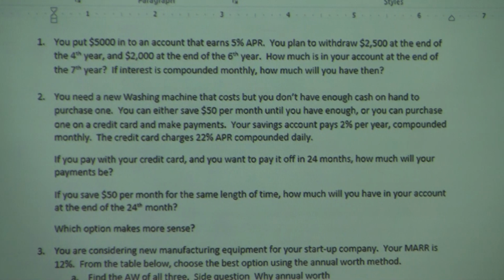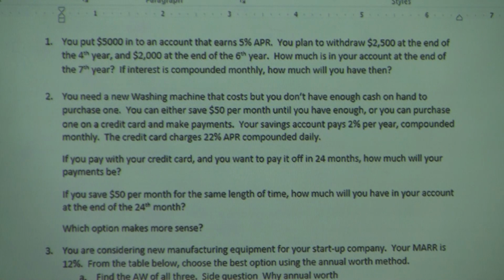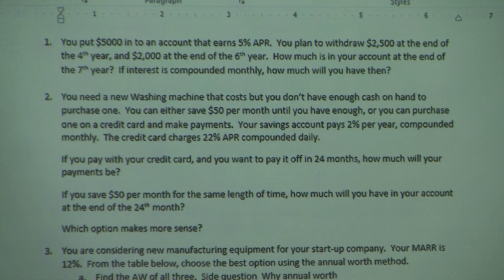And you can decide which is the more advantageous decision. The information is given there. If you finance it, you know what the credit card company charges. APR means annual percentage rate. And it tells you how often their interest rate is compounded. And the question is, what will your monthly payments be?